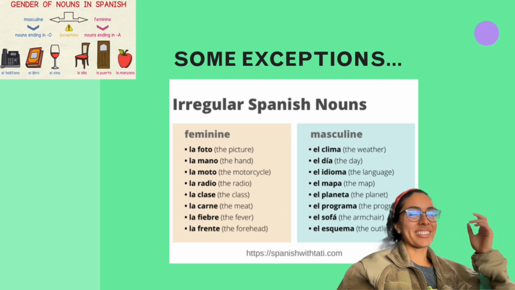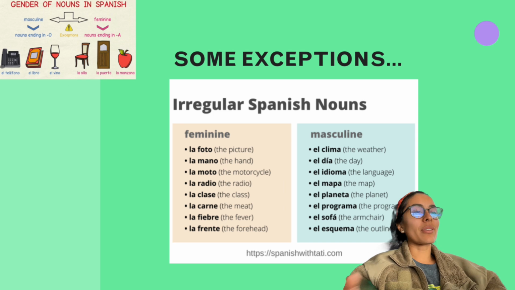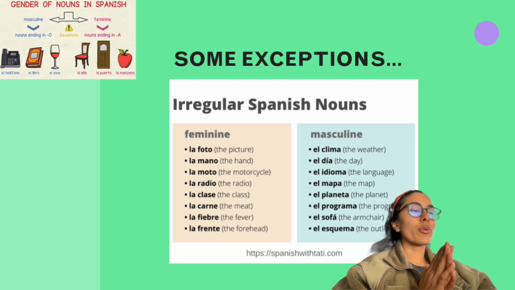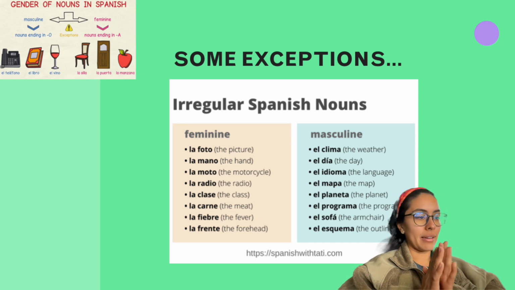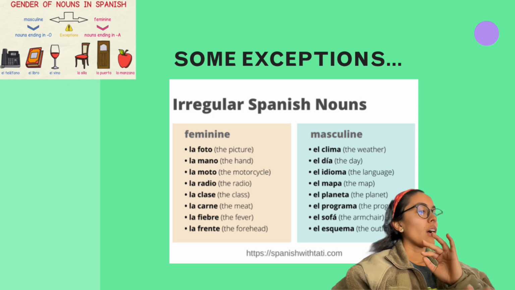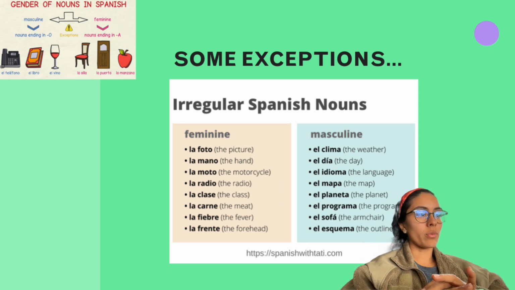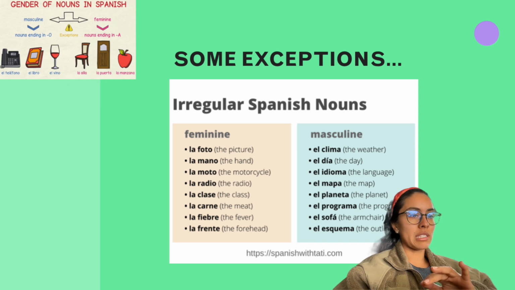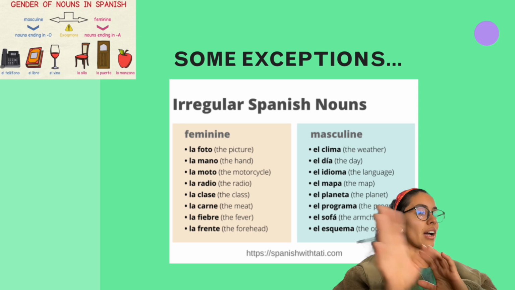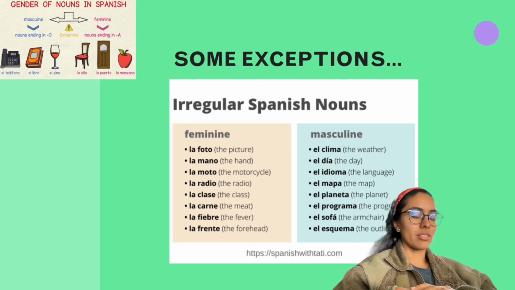Oh, he finished. Okay. So as I was saying, if you ever say the wrong one, it's going to be fine. Because I've experienced it before where somebody that only speaks English is trying to communicate with me in Spanish and they use the wrong article with the gender and all of that, and I could still understand all the time.